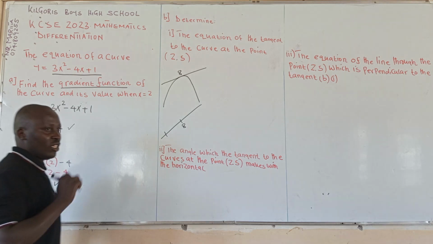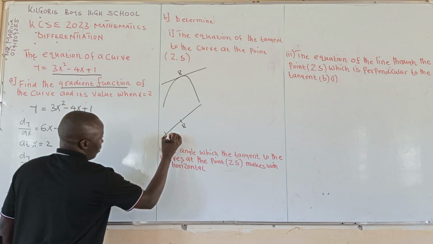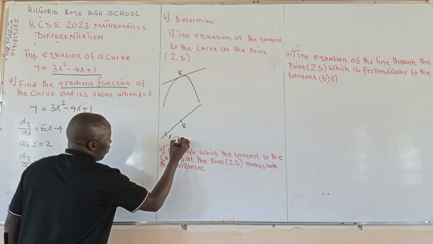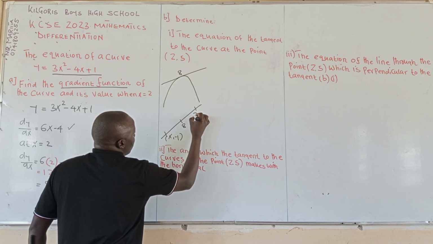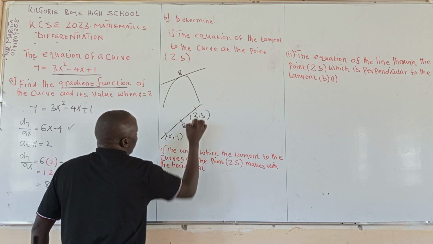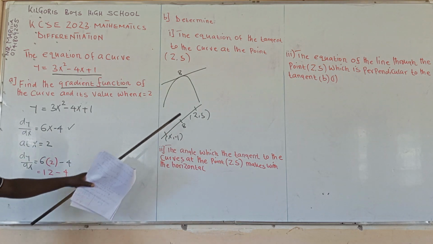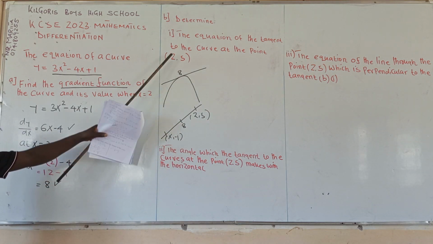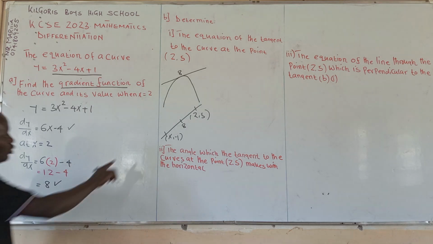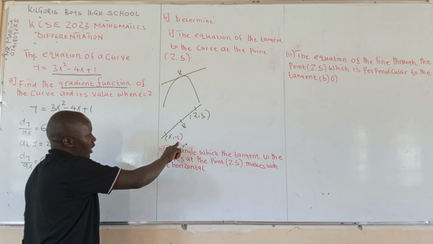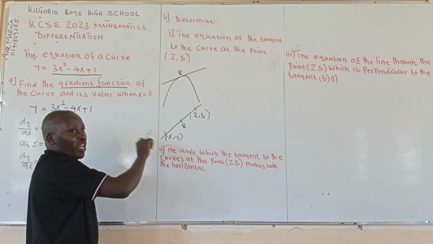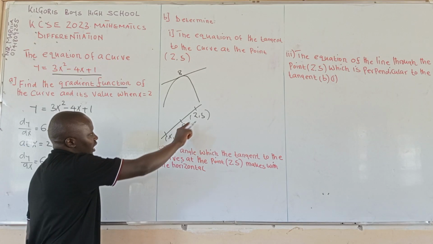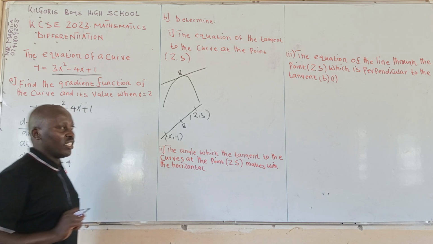Let another point be x comma y, and we have been given the point 2, 5. So to get the equation of this tangent, we have change in y, which is y minus 5, divided by change in x, which is x minus 2. That will give us the gradient.